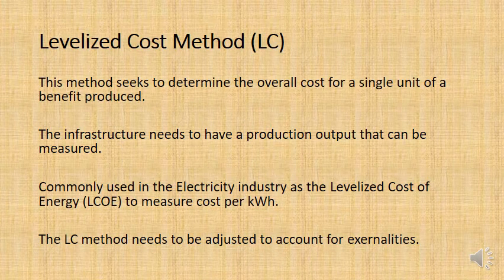The final method that I want to talk about is the levelized cost method. This method seeks to determine the overall cost for a single unit of benefit produced. That sounds like a big mouthful, but this is usually used for infrastructure that has a production output.